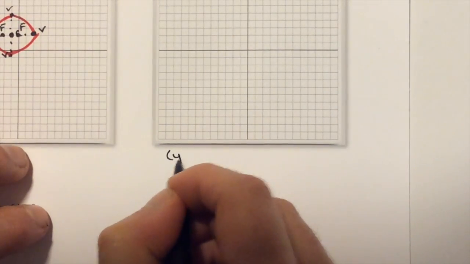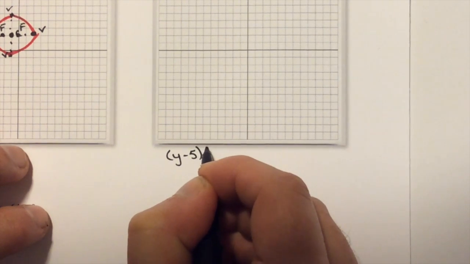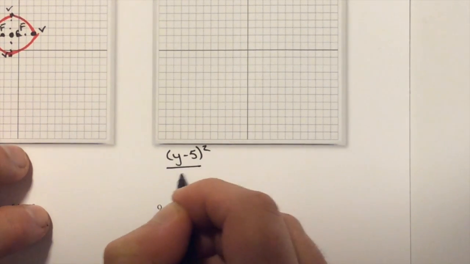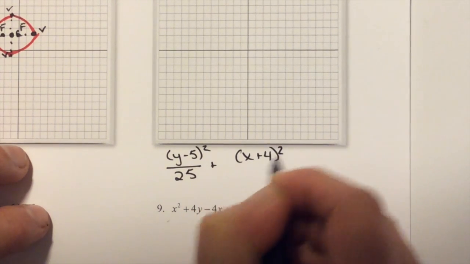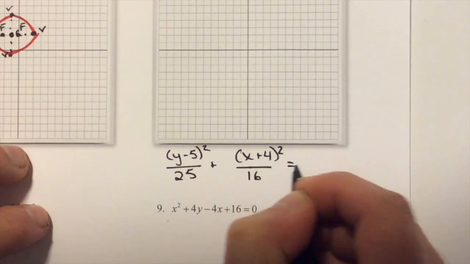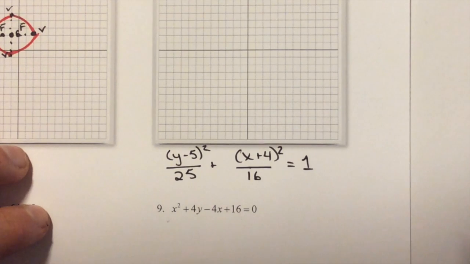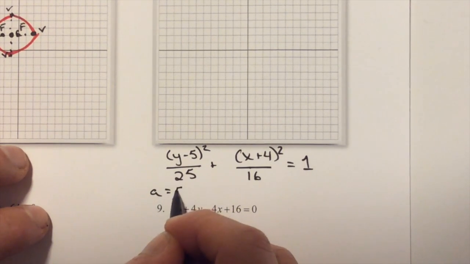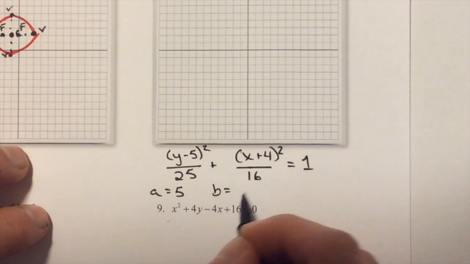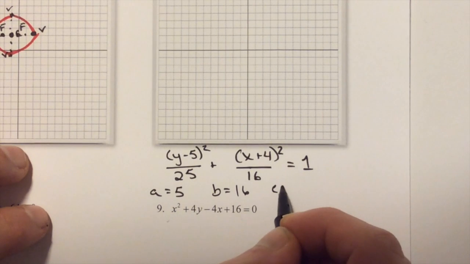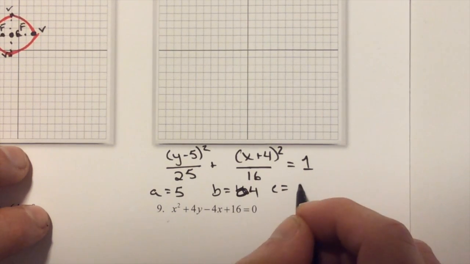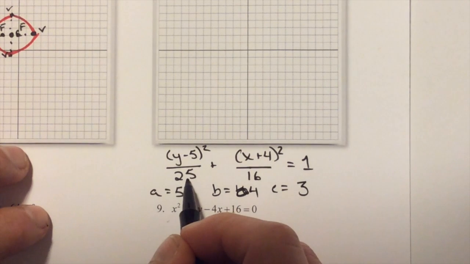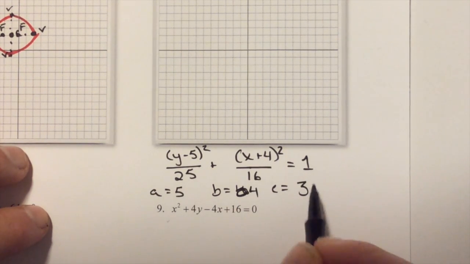So if we wanted to write it in standard form so we don't mess anything up, we should have y minus 5 squared over 25 plus x plus 4 squared over 16 equals 1. So my a is 5, my b is 4, my c is 3. 25 minus 16 is 9, square root of that is 3.